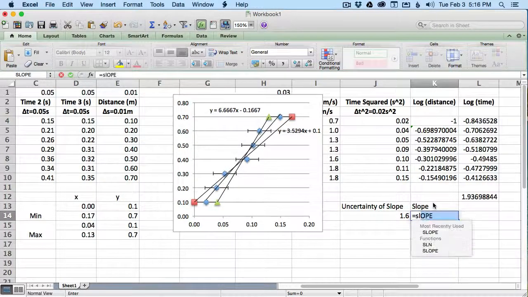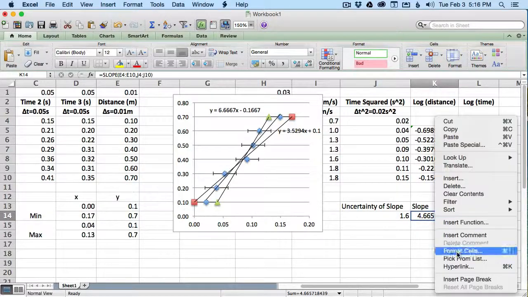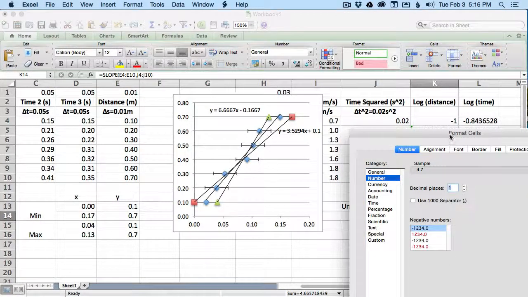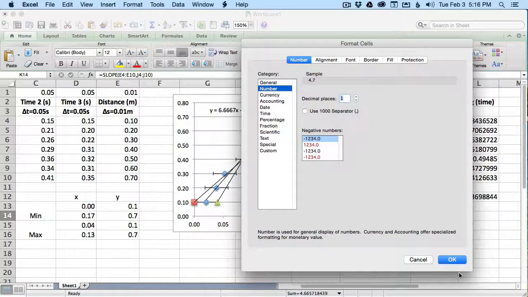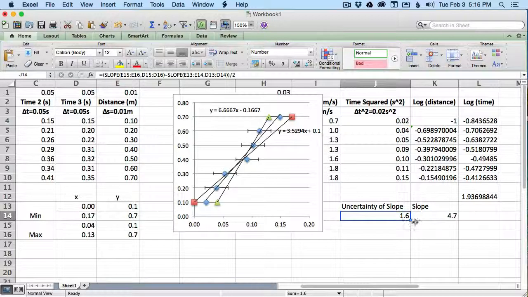So the slope is equal to the known y's. On the y-axis, I have my distance. On the x-axis, I have my time squared. So my slope was, we'll format that to have one decimal place. There we go. So it's 4.7 plus or minus 1.6.